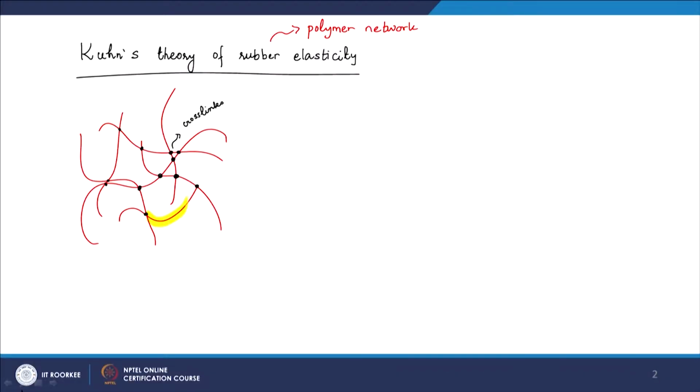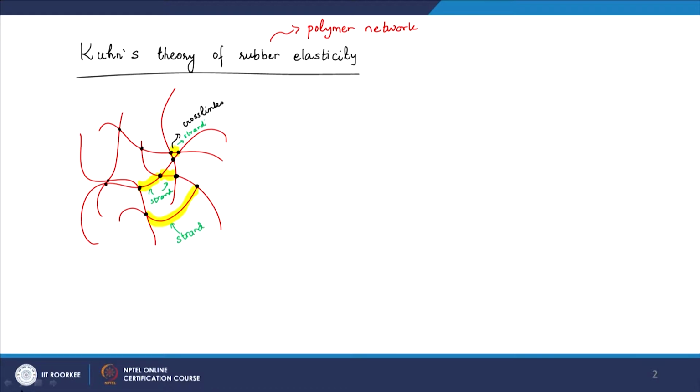All right. So, these guys that vary in the end-to-end distance and the number of repeat units is what I refer to as a strand. And there are many strands present in the system.